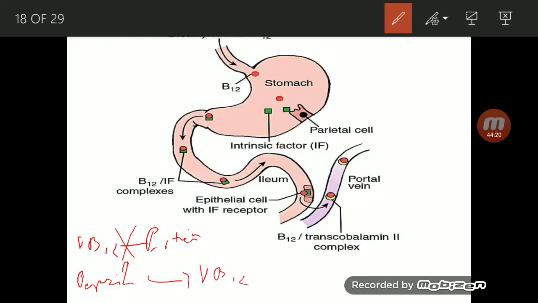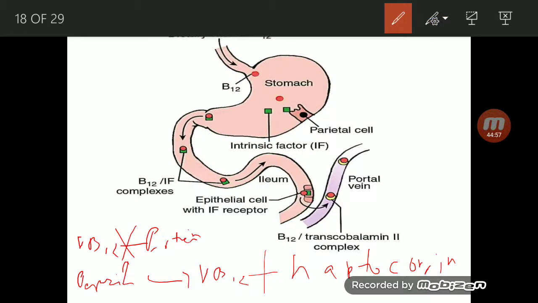After it gets separated, it combines with a salivary protein which is known as haptocorrin. When you swallow your food, your salivary protein also enters, so after it has been separated from your protein, it binds to haptocorrin, which is normally your salivary protein.